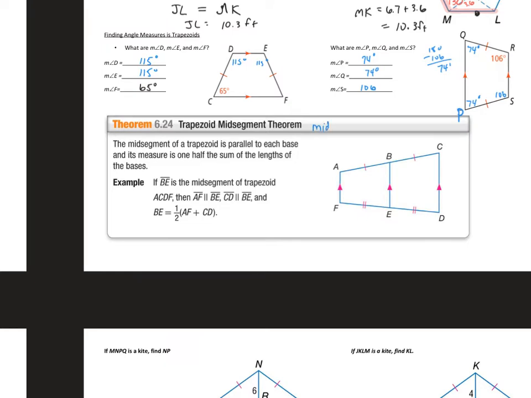A midsegment is a segment that connects the midpoints of two sides of a trapezoid.